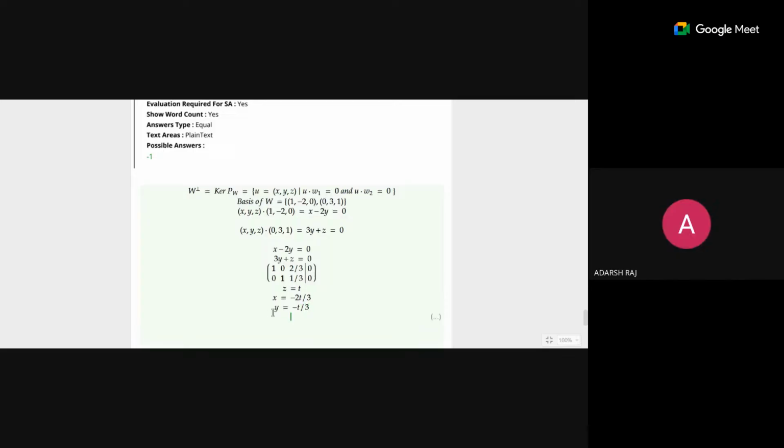Then the solution of this system, x y z, will be minus 2t by 3, minus t by 3, and t.